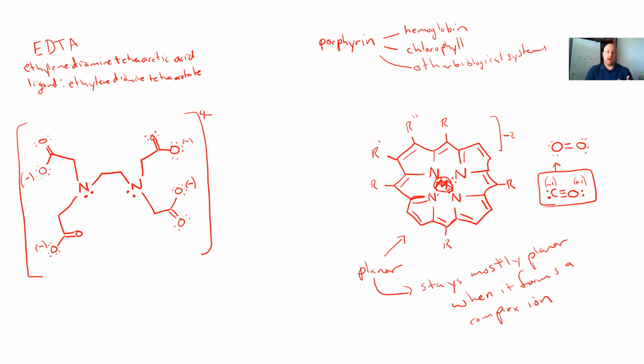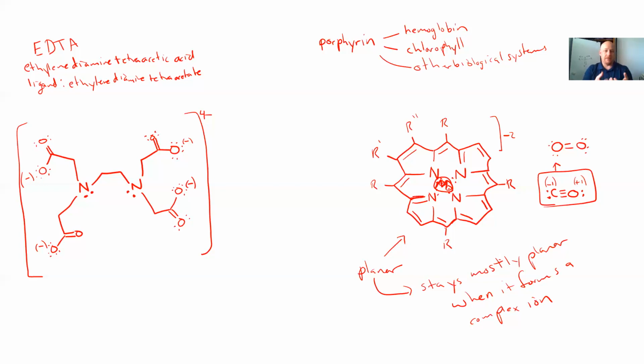It turns out carbon monoxide binds more strongly to the iron in a porphyrin, or a heme. Heme means iron with a porphyrin ligand. So the carbon monoxide binds more strongly to the heme than oxygen does, which is why carbon monoxide poisoning is such a problem: the carbon monoxide sticks more strongly and doesn't let an oxygen come in and bond to the iron to be transported around the body.